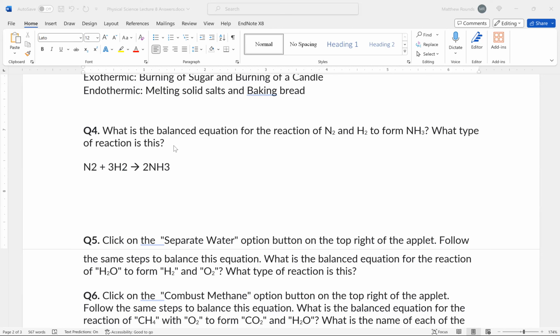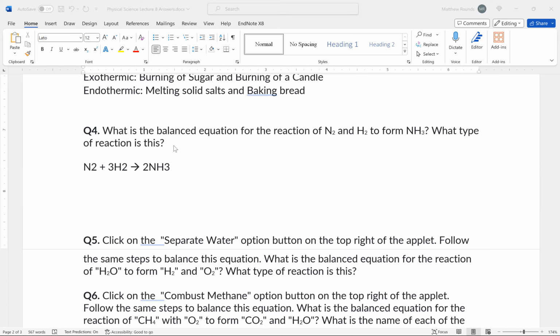All right. Now single replacement is when you have two on the left and two on the right, but only one of them switches with the other ones. And then a double replacement, you can see the AX plus BY, you scroll down a little bit, turns into AY plus BX, basically both switch places.